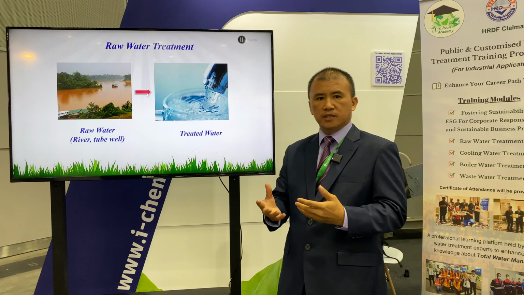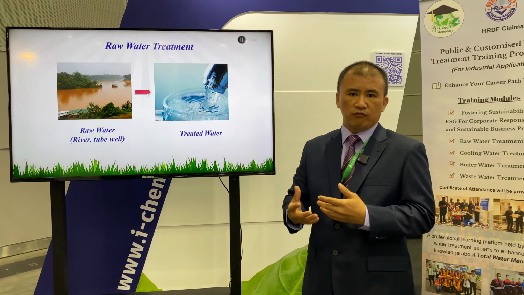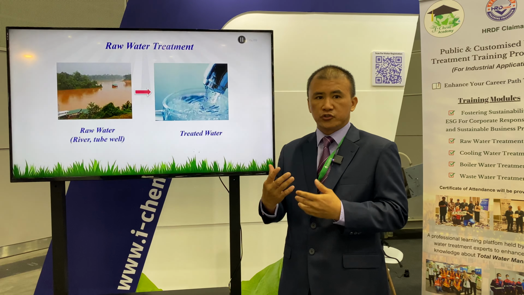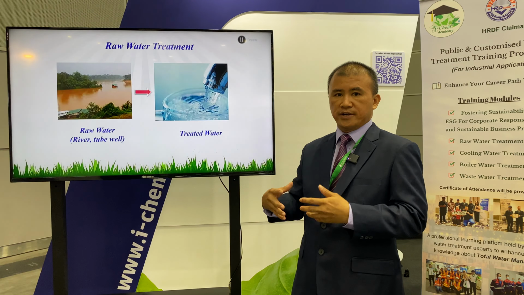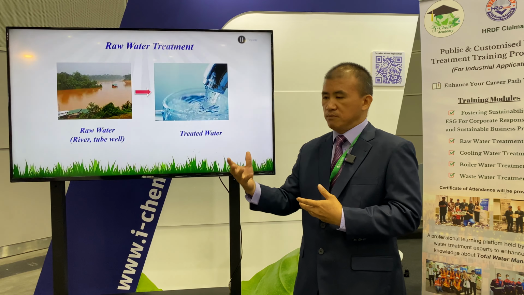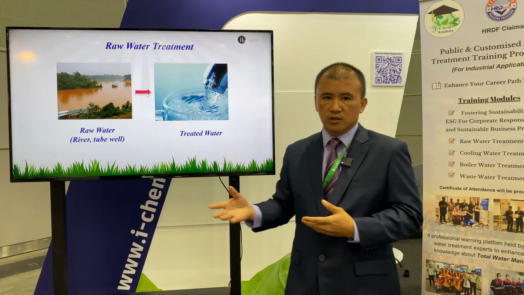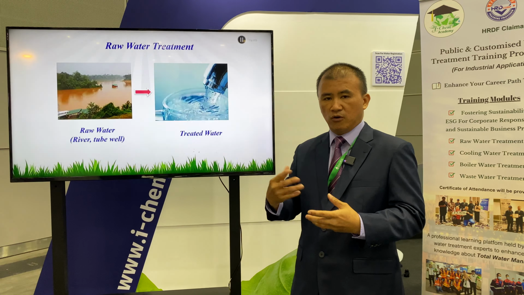For raw water treatment, basically, the water that we drink and use daily or for industrial application, we need to treat before we can use it for the various types of application. Normally the source of raw water may be a river or a well. The water contains a lot of impurities and pollutants, so we need to remove them before we can use it.